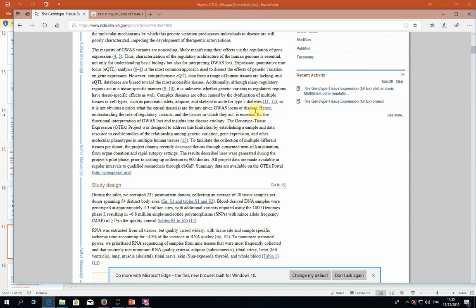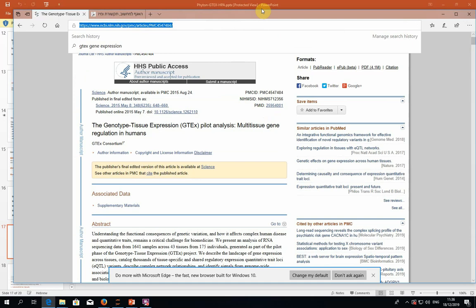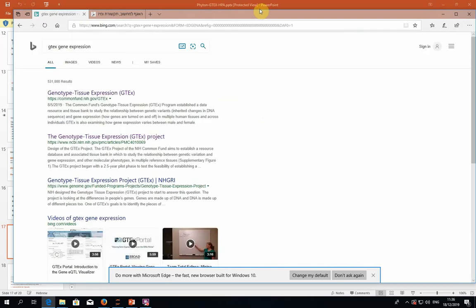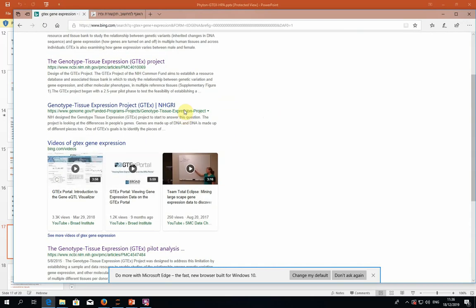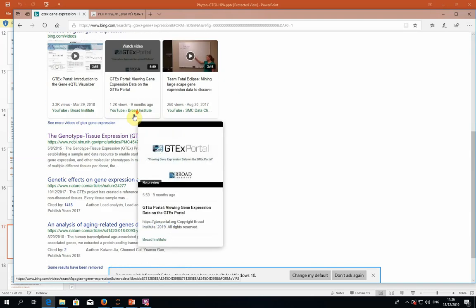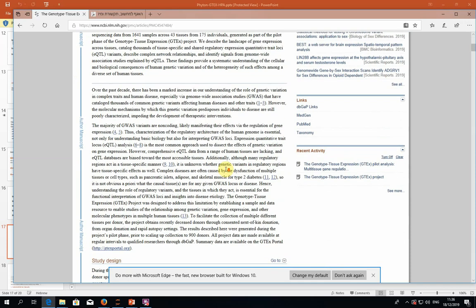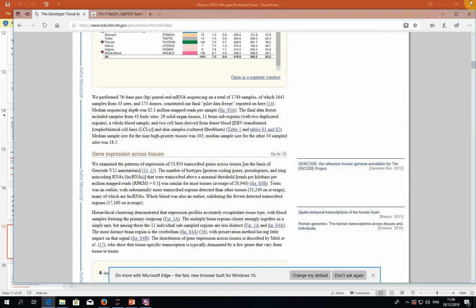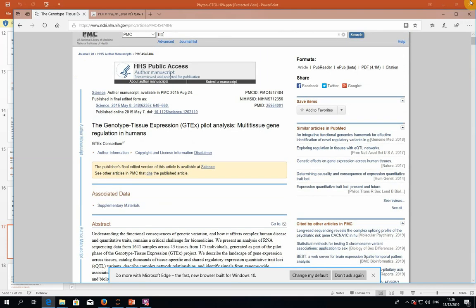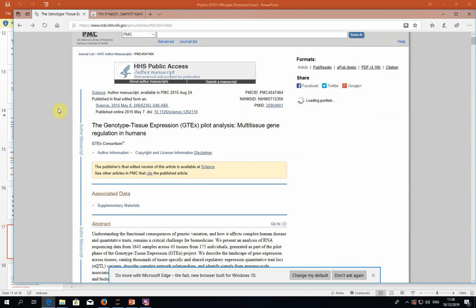Where is the article? No one is using it, no? Okay, where is the link? Nadav, can you come and just find me the GTEx, the real GTEx?